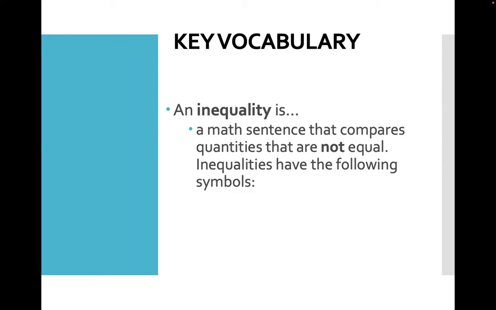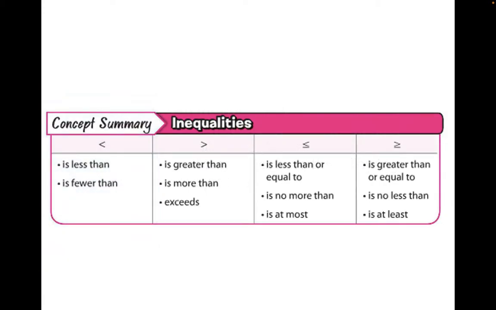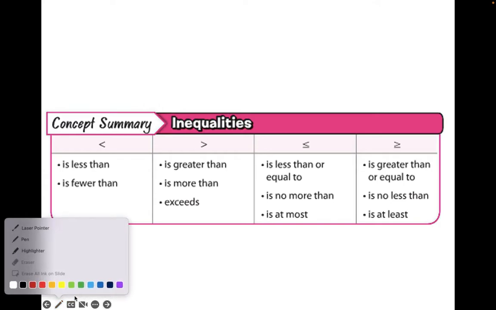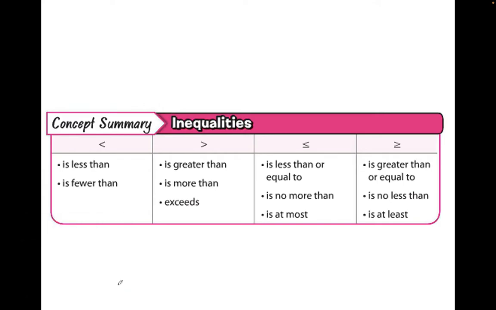An inequality is a math sentence that compares quantities that are not equal. Inequalities have the following symbols. An inequality symbol is any of the following: less than, greater than, less than or equal.